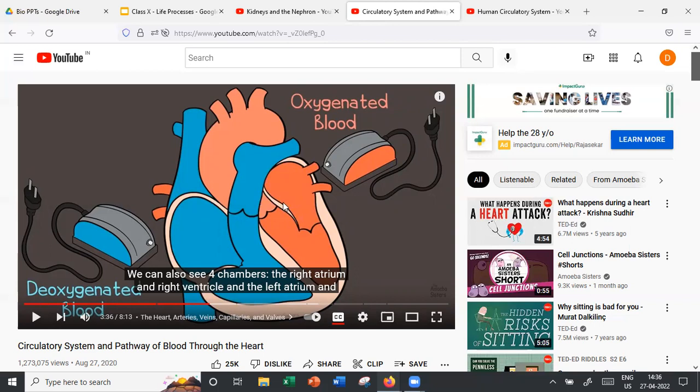But usually blood cells are always red only, even though they are deoxygenated. They'll be a slightly lighter shade of red, but they won't be literally blue. Okay. Right. So now they'll tell you all about the chambers and valves, and then move on to the pathway. Wherever required, I'll pause it and tell you if there's anything extra I want to tell you.